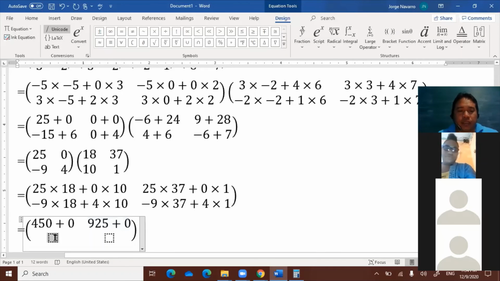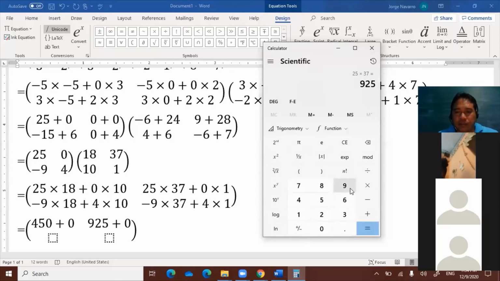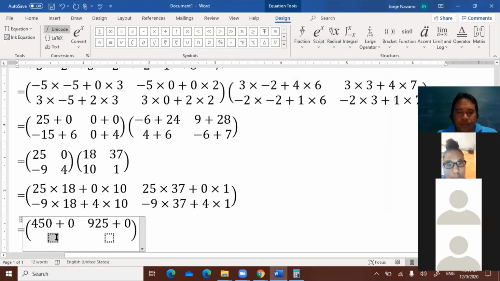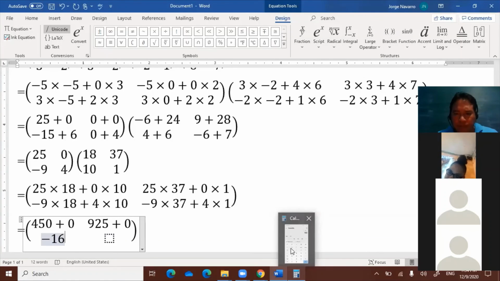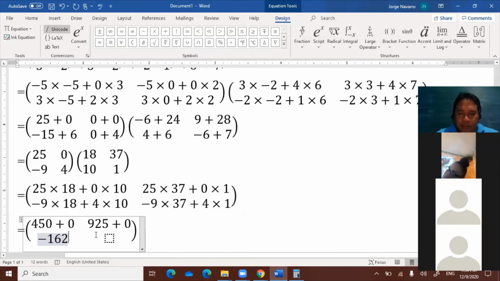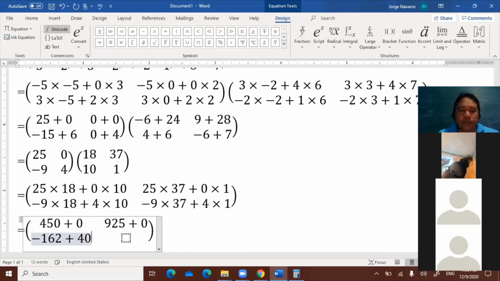Then the next one is 9 times 18, but negative. So it's gonna be negative 162, plus positive 40.